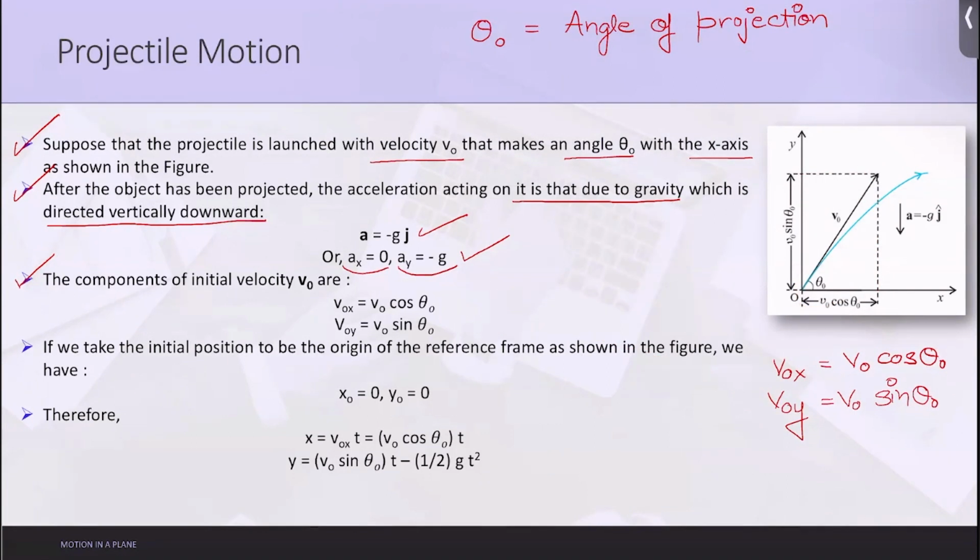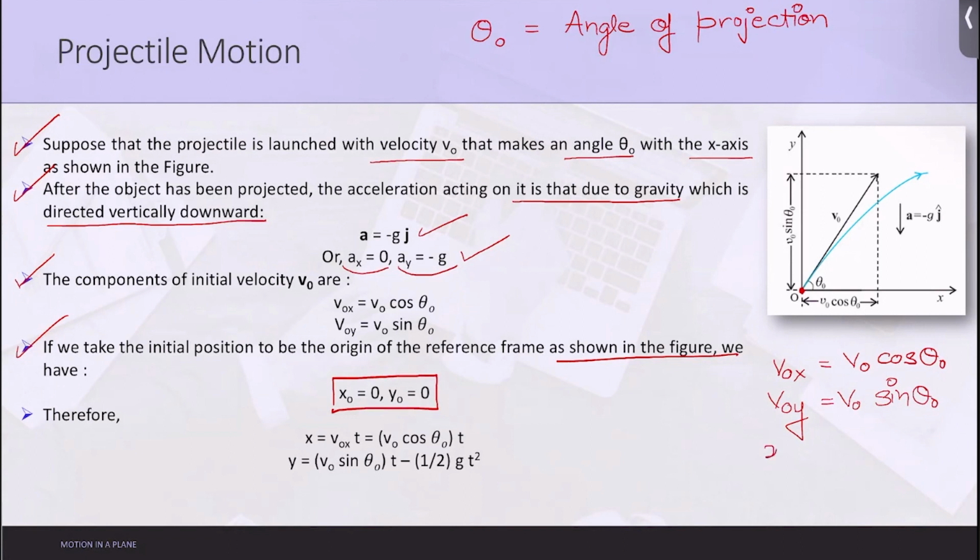Now, if we take the initial position to be the origin of the reference frame, that is, we start the projection from, let us say, this point as the origin, what can be said? It says that the initial value of displacement in the x and y direction is 0.